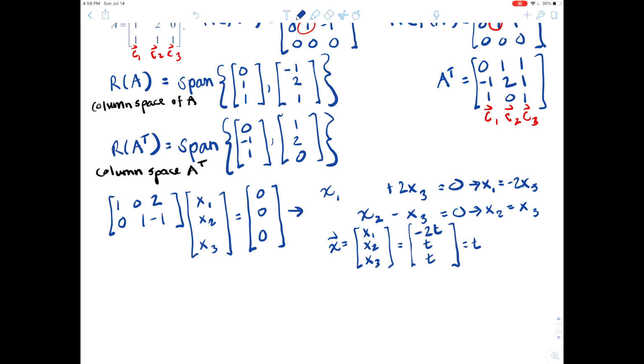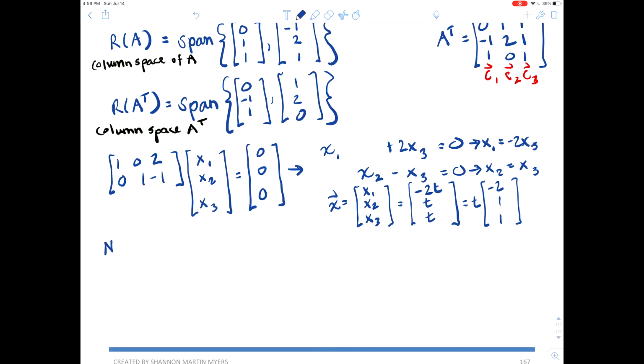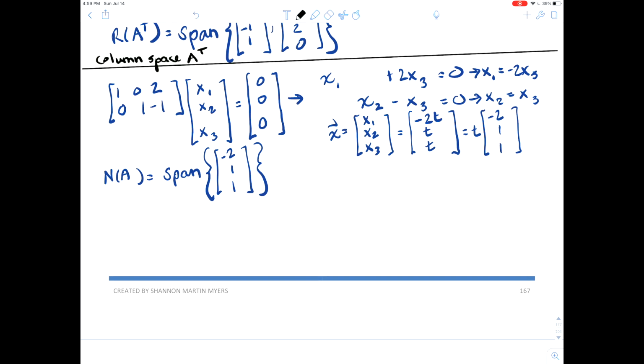If we factor out a t, we get negative 2, 1, 1, right? So N of A is equal to the span of our basis, which is the span of negative 2, 1, 1. Groovy? So this one here yields our null space of A.